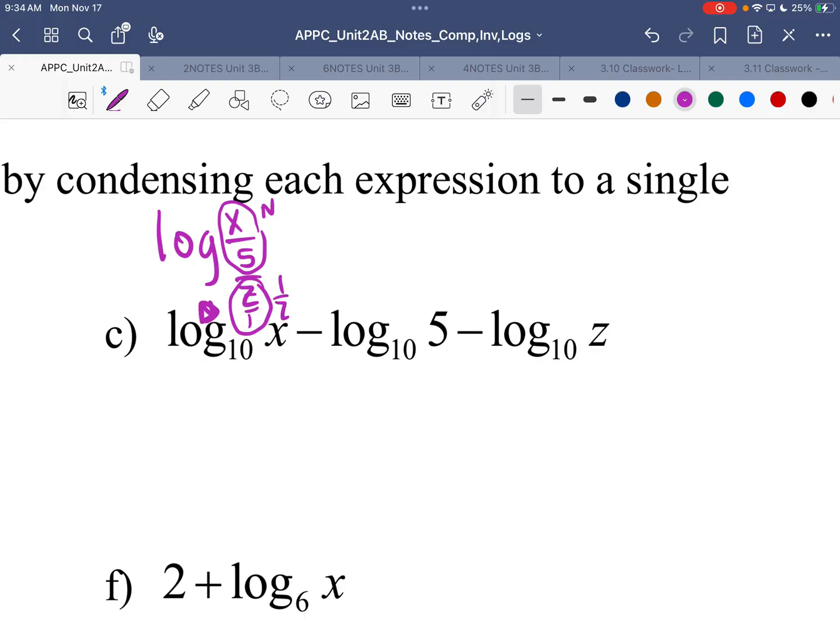Well, I can multiply by the reciprocal, but that seems like a heck of a lot more work. So instead of doing that, I want to explain why the 5 and the z are definitely going to be in the denominator, is because we could factor out a negative from both the log 5 and the log z.